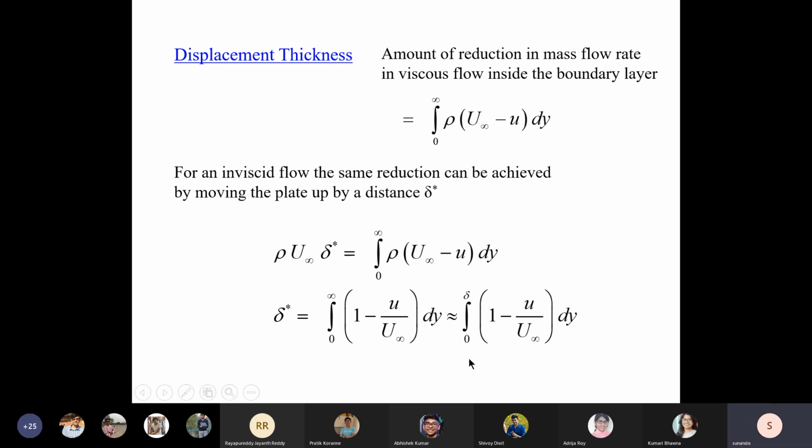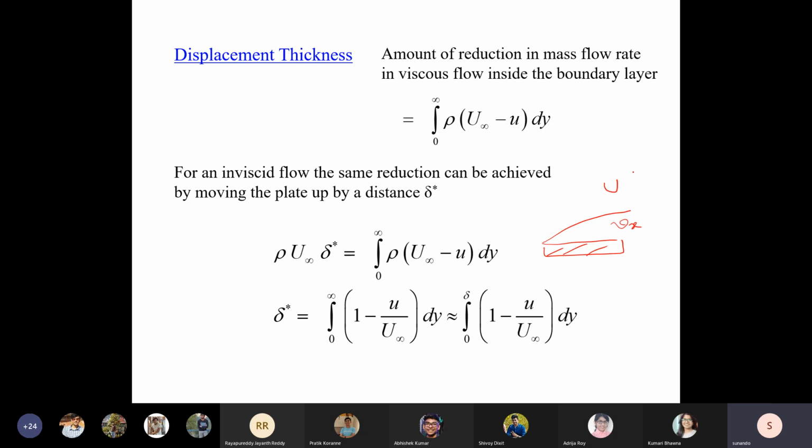Look at this integral. If you examine this integral, what is going to be the value of this integrand as you approach the edge of the boundary layer? So you have the solid plate and you have the boundary layer where you have Vx.